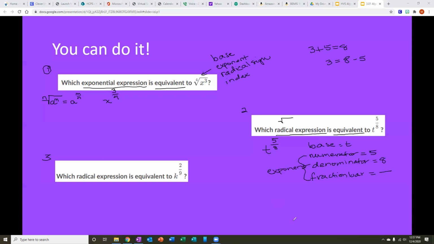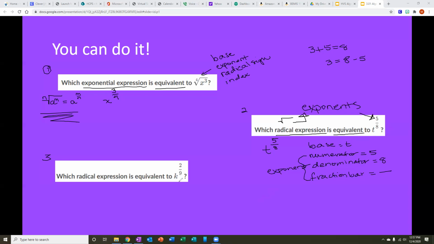Because I know the inverse operation of roots or radical signs is exponents. So because I have an exponent, the inverse is going to have a radical sign. Well, again, I happen to know the rule for the inverse operation.